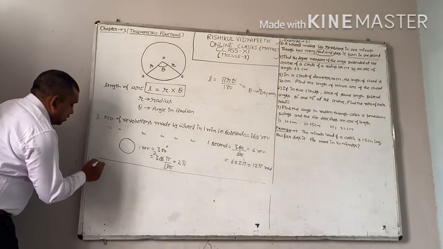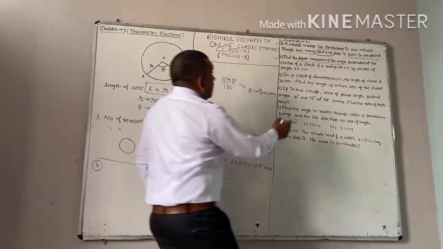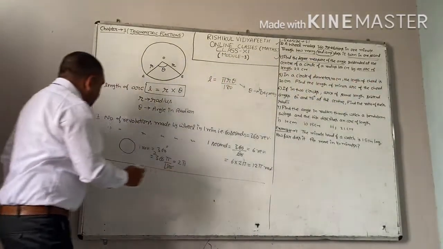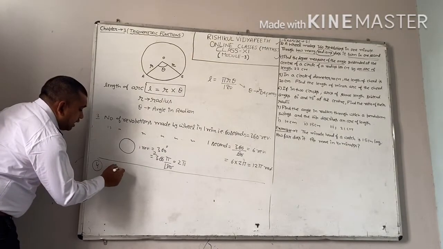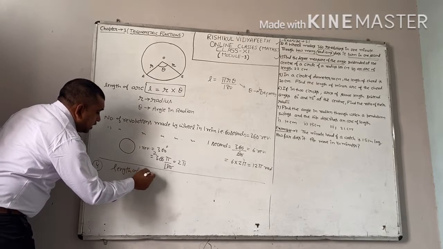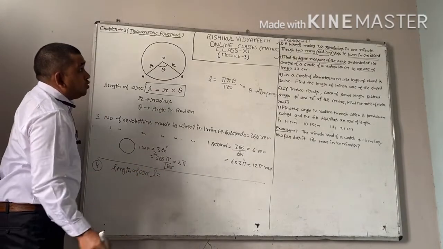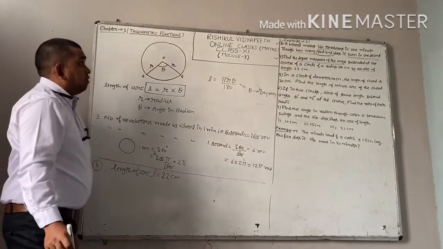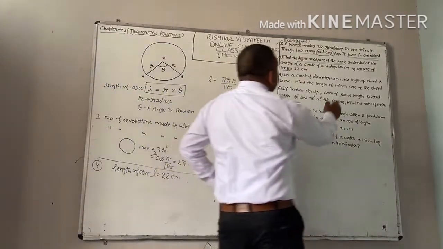We are given an arc of length. Formula you know very well. Length of arc L is equal to 22 centimeter. One more thing is given to you.